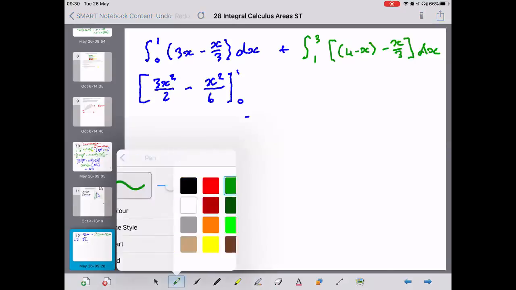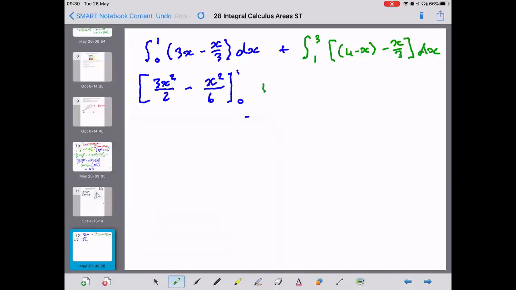And then we're going to add, open a set of brackets, integrate 4, we get 4x. Integrate minus x, we get minus x squared over 2.